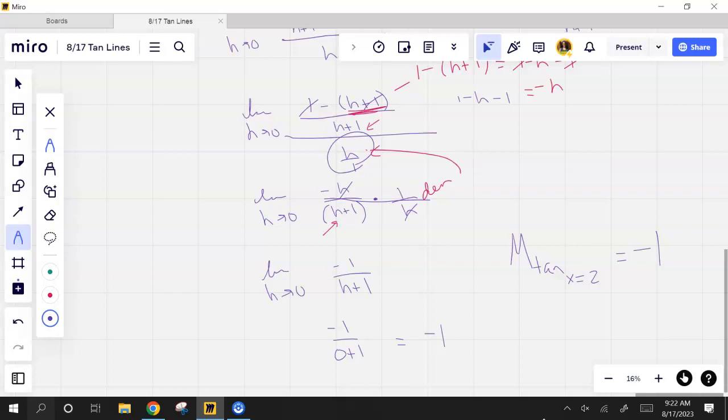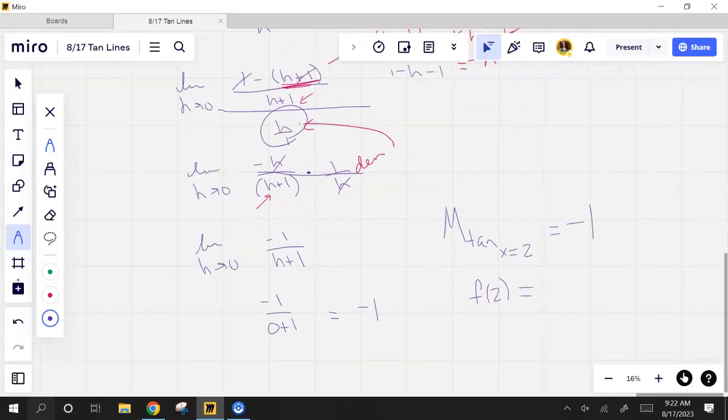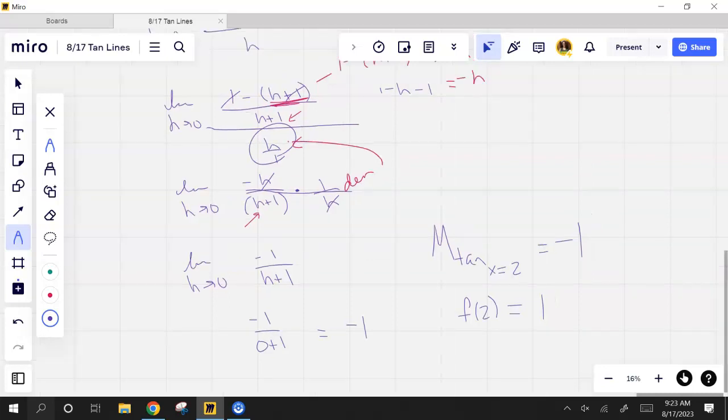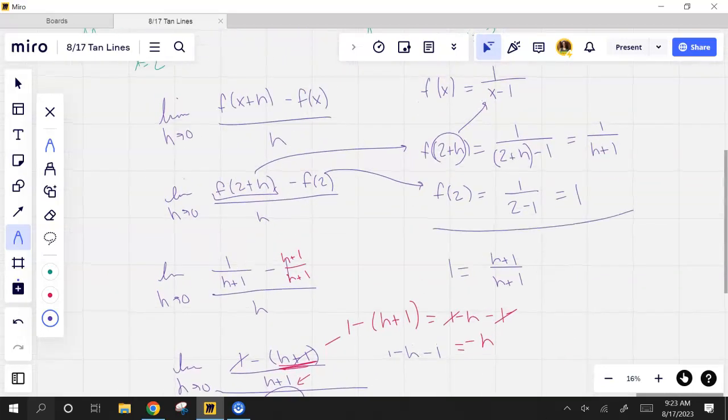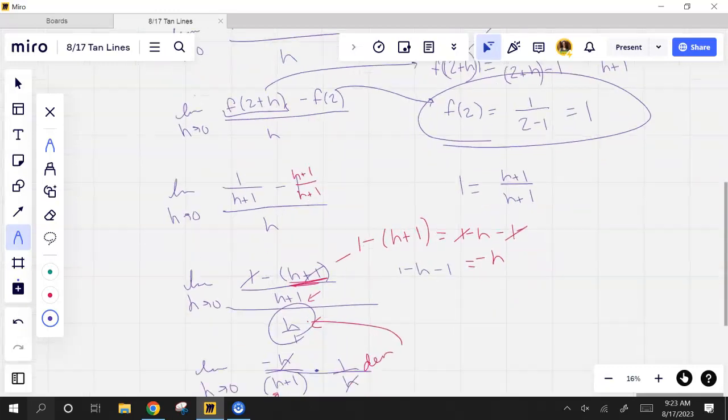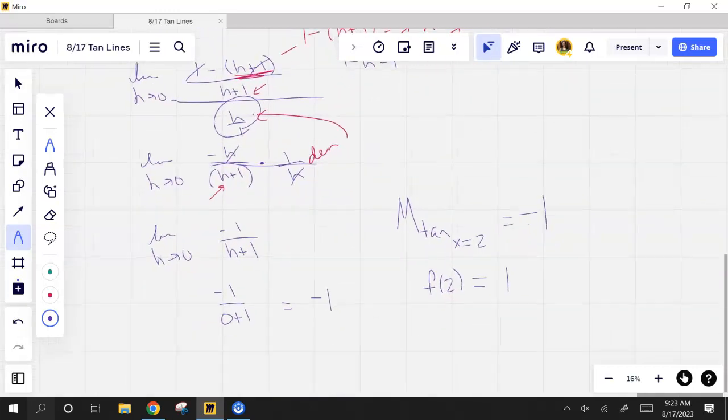How do I find the other part of the point? Put 2 in, go back to that original equation. I need to know what is f of 2, which I technically already found within this one, right? It's 1. Up here at the top, I had already found f of 2. Now write the equation of the tan line.